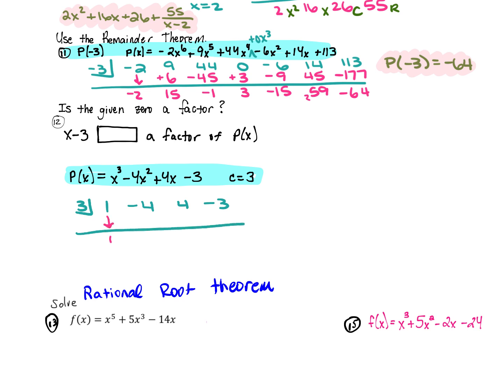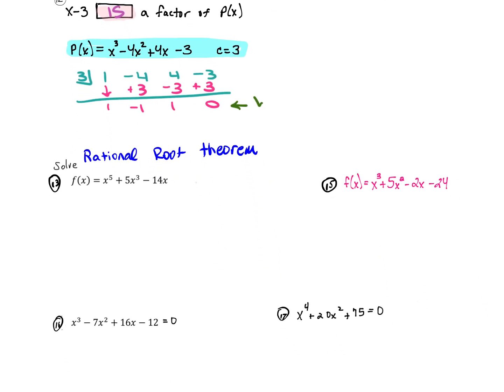The 1 drops down. 1 times 3 is 3. Add that with the -4. That's -1. -1 times 3 is -3. Add that with the 4. That's 1. 1 times 3 is 3. Add that with the -3. That's 0. Your remainder is 0. So x minus 3 is a factor of P of x.